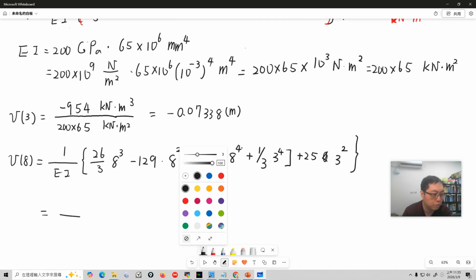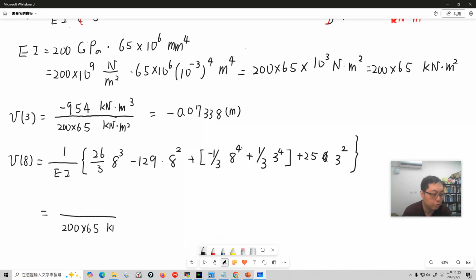So after all, the denominator is 200 times 65 kilonewton times meter squared. And the numerator, my answer is minus 4932 kilonewton times meter cubic.